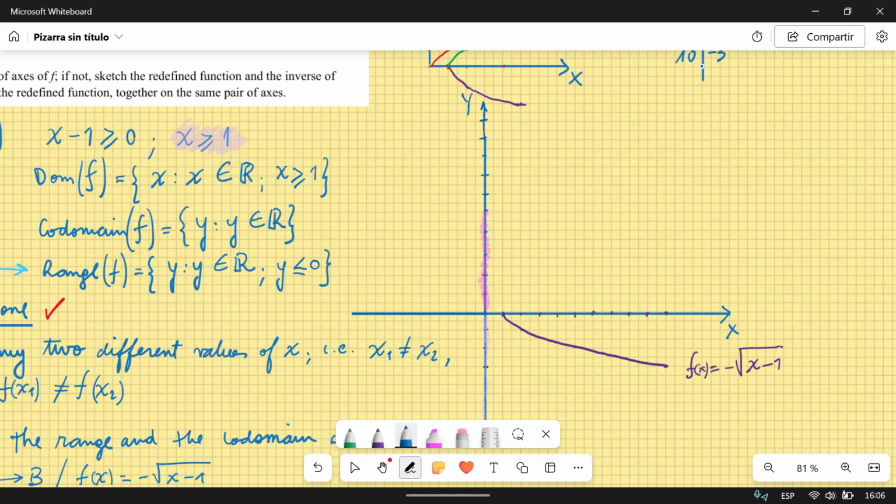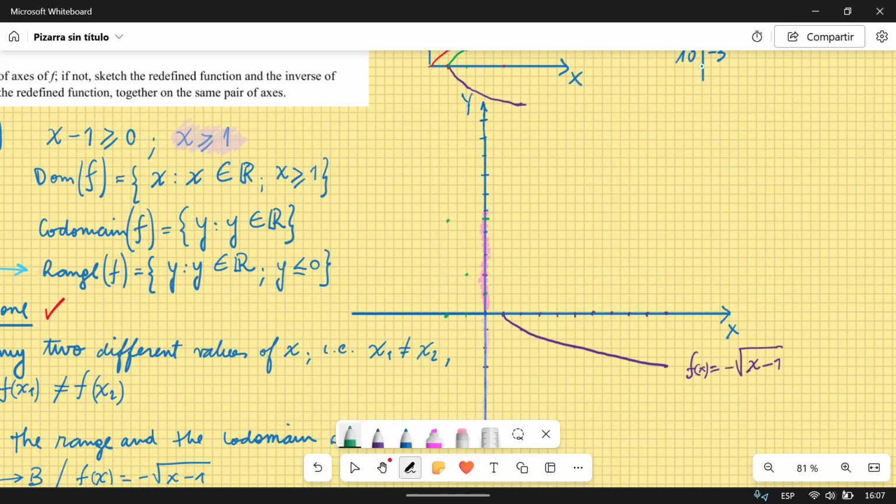So now for the inverse, for 0, I have 1 here. For -1, I have 2. For -2, I have 5. So 2, 3, 4, 5 is here, no? Yes, 1, 2, 3, 4, 5. Yeah, it is correct.